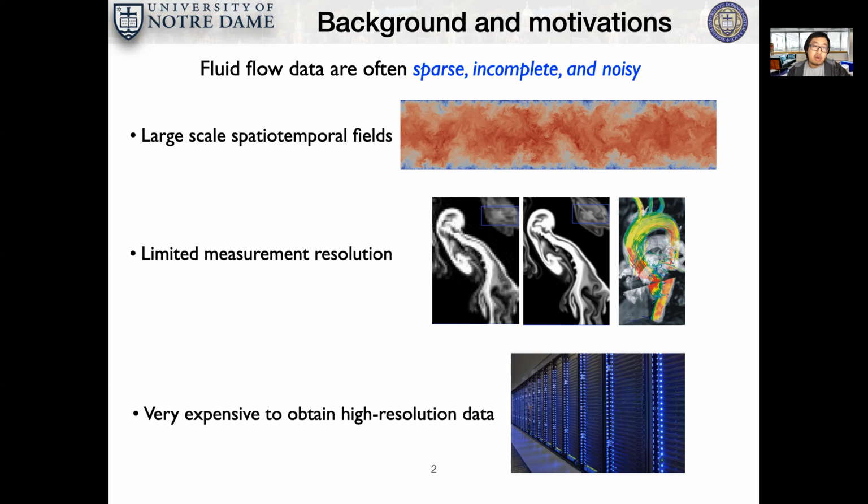Moreover, fluid flow data, even with high spatial temporal resolution, are usually sparse in the parameter space due to limited computational or experimental resources. For example, a single run of fully resolved DNS of turbulent flows often takes days or even weeks on high performance computing facilities.